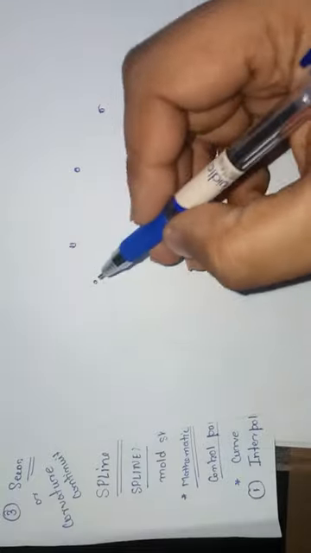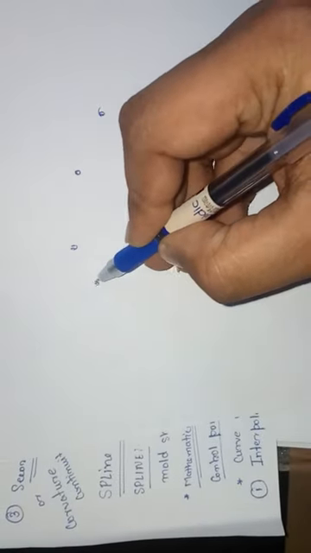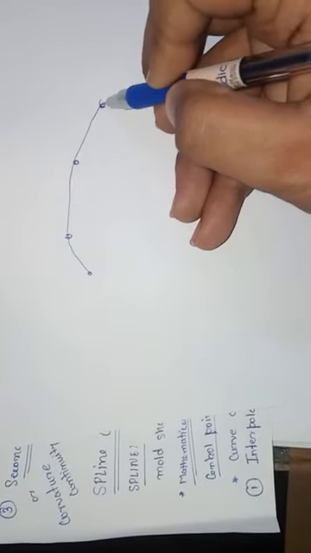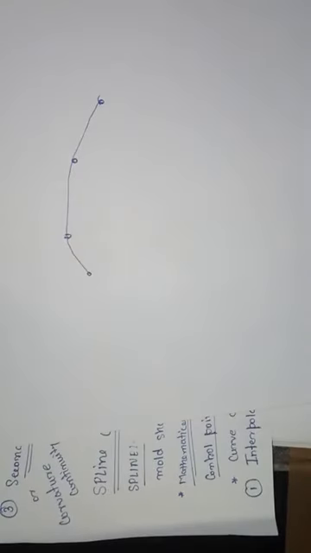For example, if we have these 4 control points, 1, 2, 3, 4, and we make the curve like this, this is also a curve.